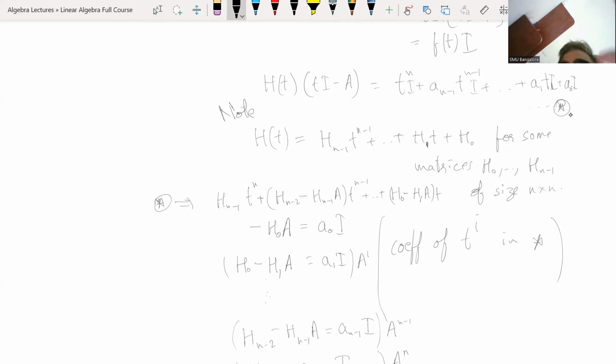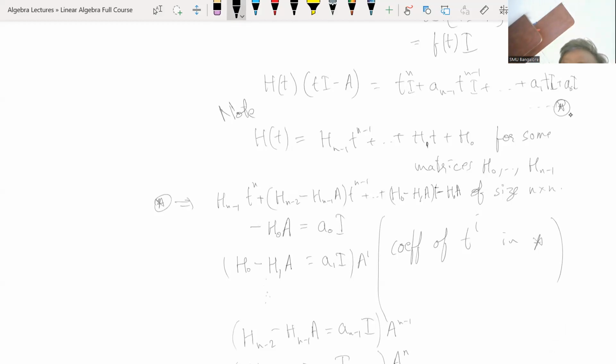So just multiply this expression for h(t) with tI minus A, and the last term will be negative h naught a. Oh, sorry, t is missing here. Minus h naught a.